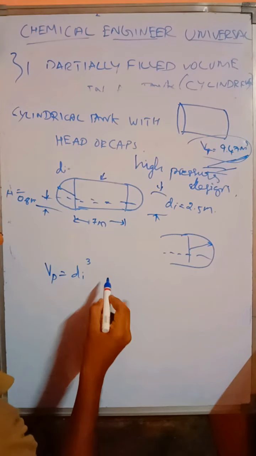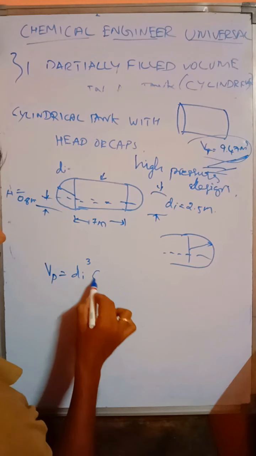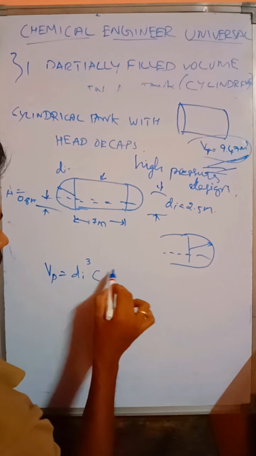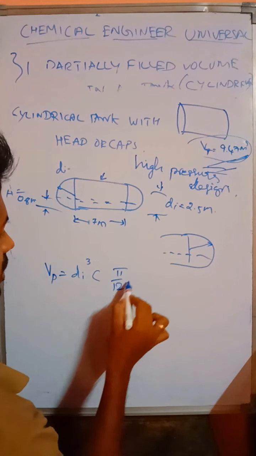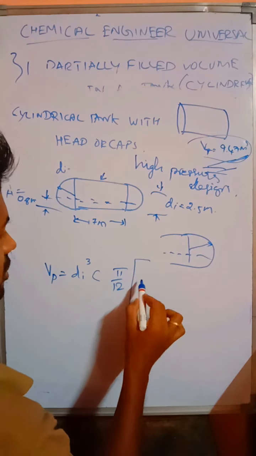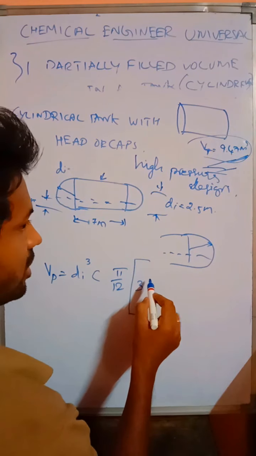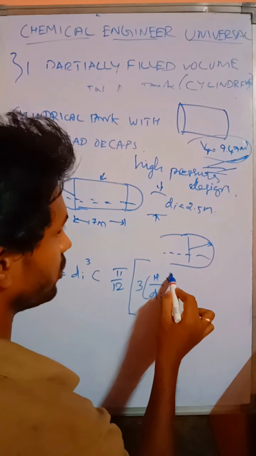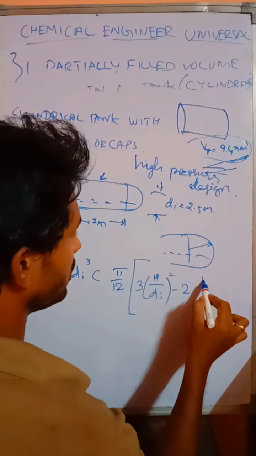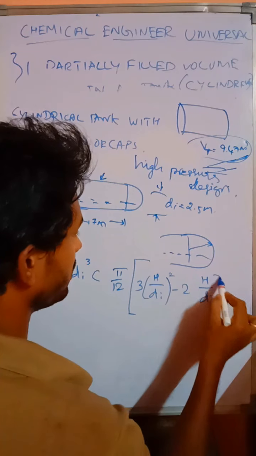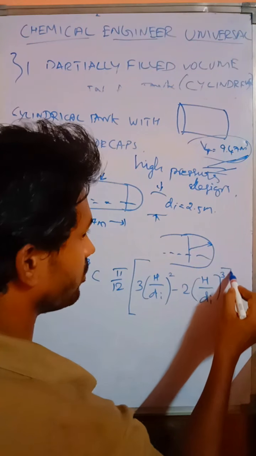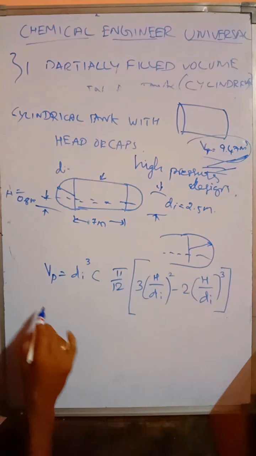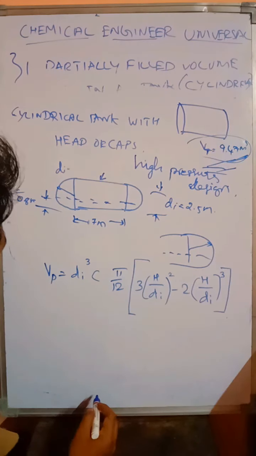Diameter cube multiplied with the constant C and pi by 12 of 3 into h by Di whole square minus 2 into h by Di whole cube. So here we have got all the data.